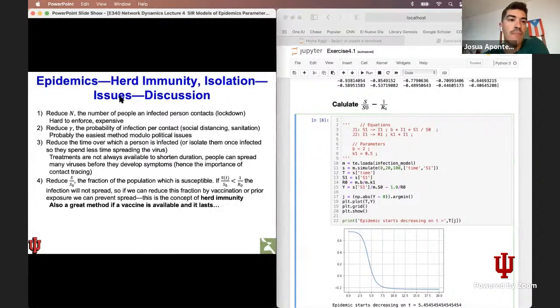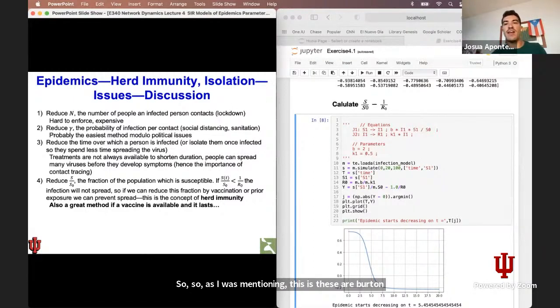Okay, so let's come back to the lecture now. As I was mentioning, these are important indicators from a public health perspective because they help orient the type of public policies that could be implemented to prevent or curb epidemics.